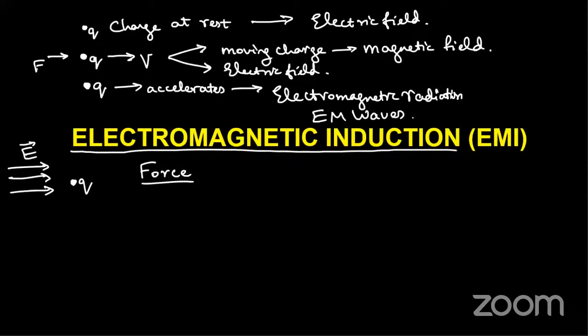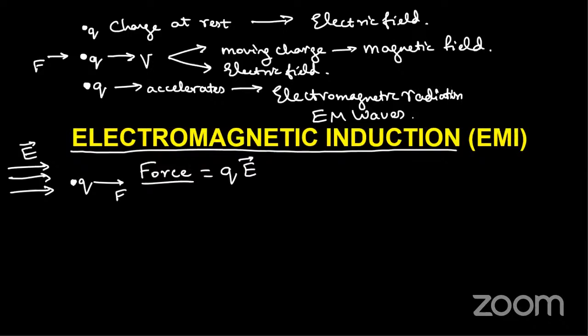This charge will experience force in the direction of the electric field. So this force is given by q times the electric field. Yes, the charge experiences force, so F is equal to q into E.